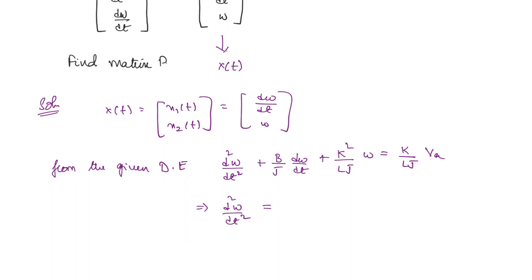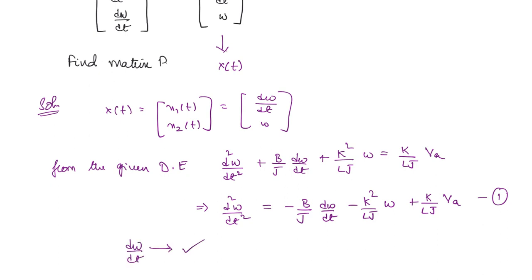Then you will get the first row, right? So this is going to be minus B by J d omega by dt minus K squared by LJ omega plus K by LJ Va. This is the first equation. Now what about d omega by dt? This is anyway one of the state variables.